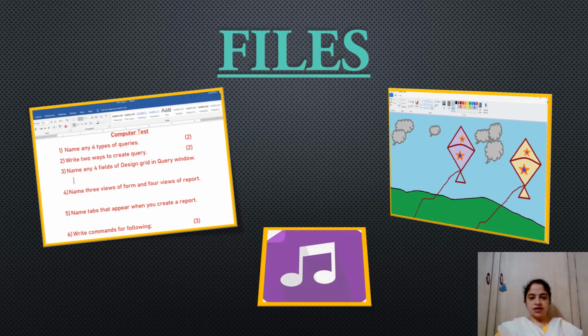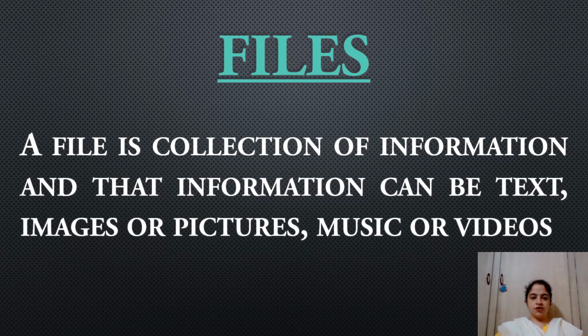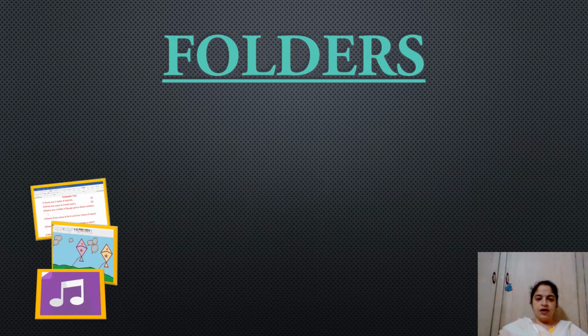That means whatever work we do on the computer is saved as a file. So, a file is a collection of information or data, and that data can be text, images, pictures, music or videos.